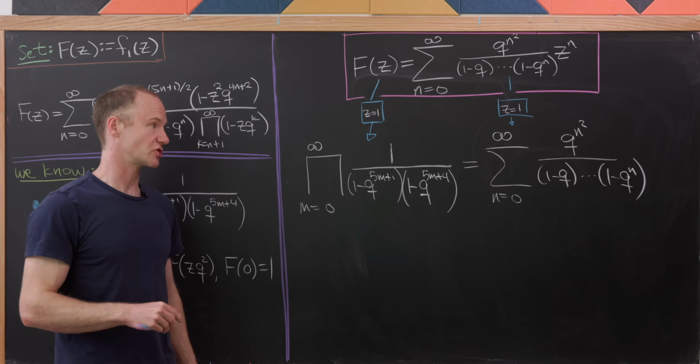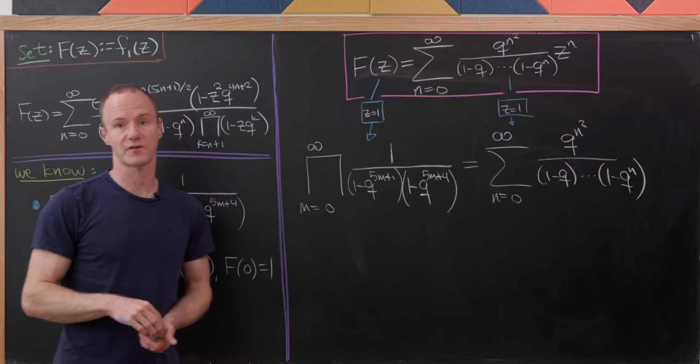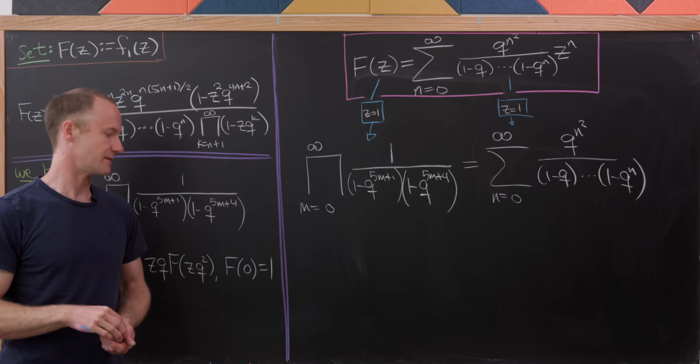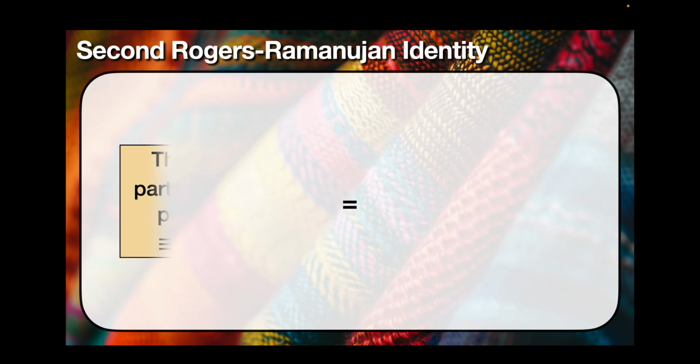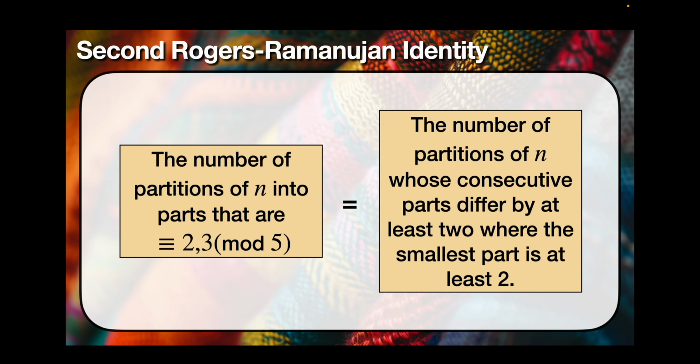We've got our Rogers-Ramanujan identity, or more specifically, the first Rogers-Ramanujan identity. So what we've been looking at this whole time, and what we just proved, is actually the first of two main Rogers-Ramanujan identities. And so that leads us to really the question, what is the second of these identities? Well, and here it is.